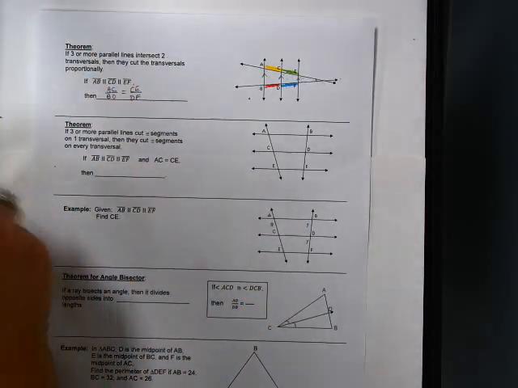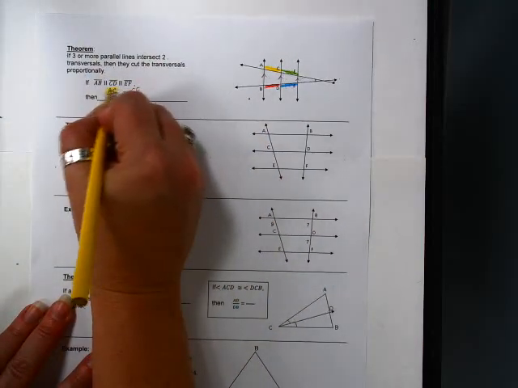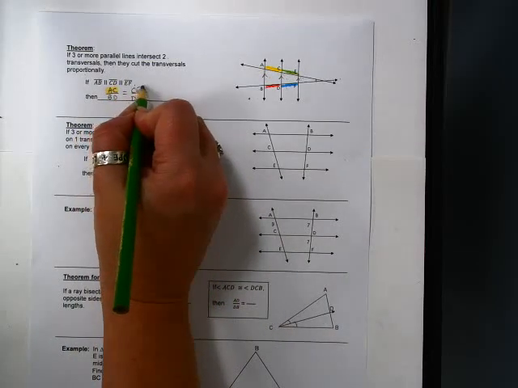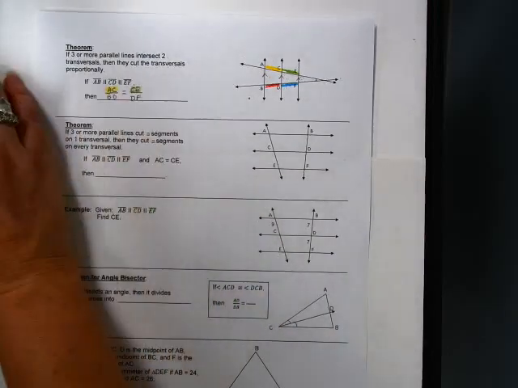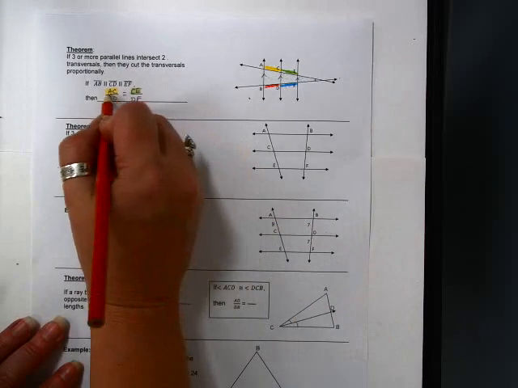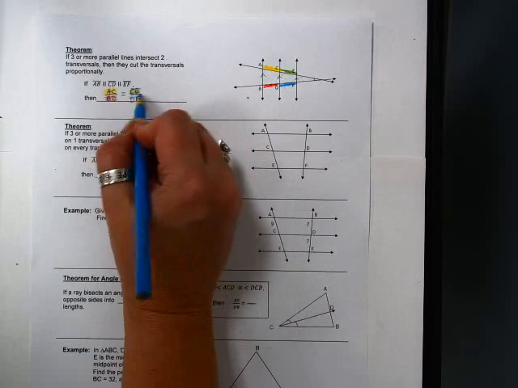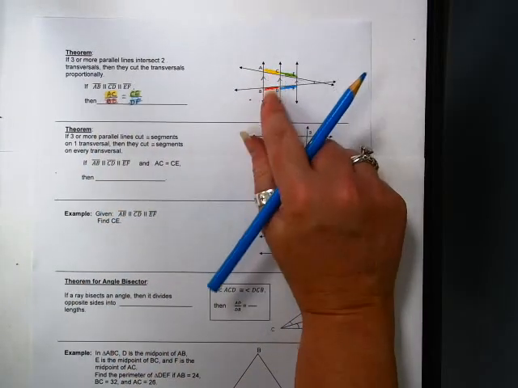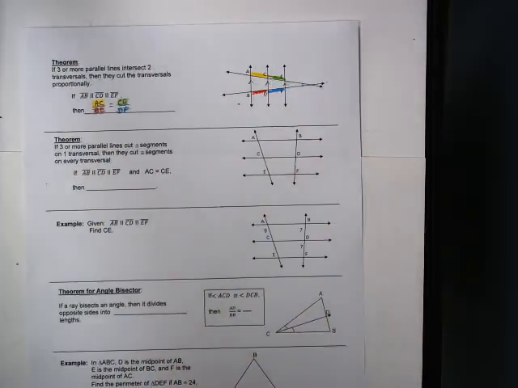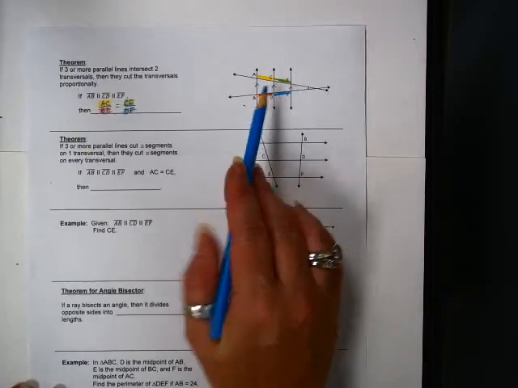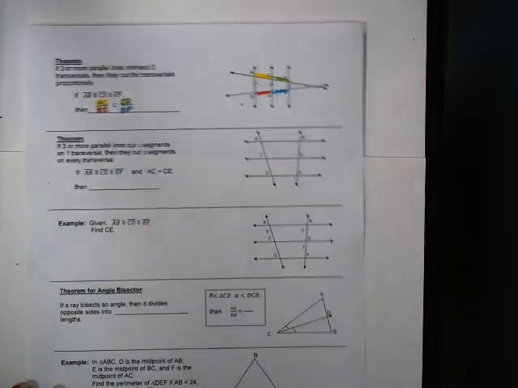And color code your sides so you can see it. This one's going to be yellow. This one's going to be green. This one's going to be red. And this is going to be blue. And see how it matches exactly. This one over this one equals that one over that one. And then if you have information about these angles, you're able to set up this proportion and find the missing information.